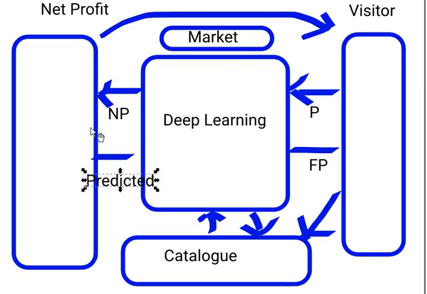So this is the crucial thing. I know this already happened. I know that there was a certain price and a certain profit based on market conditions and based on the catalogue. I want to know what will be the future price in order to generate certain profits.